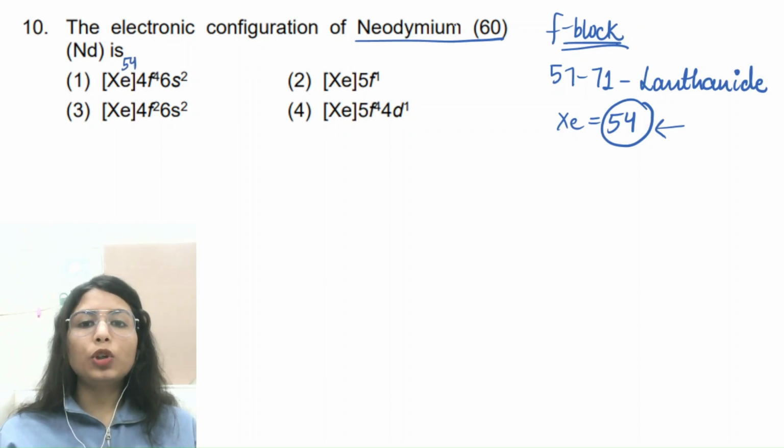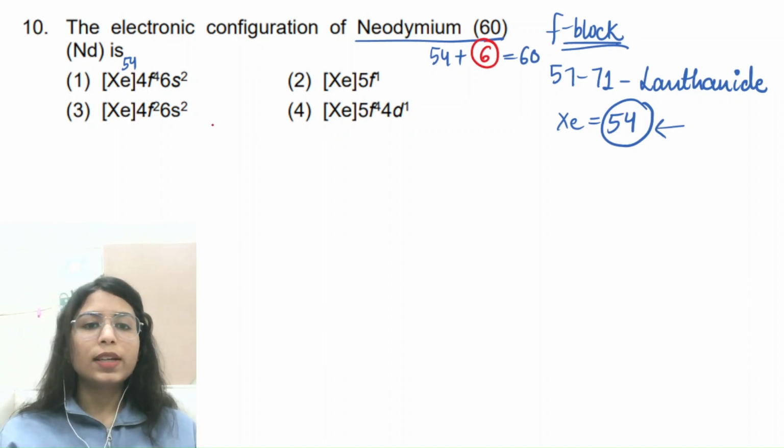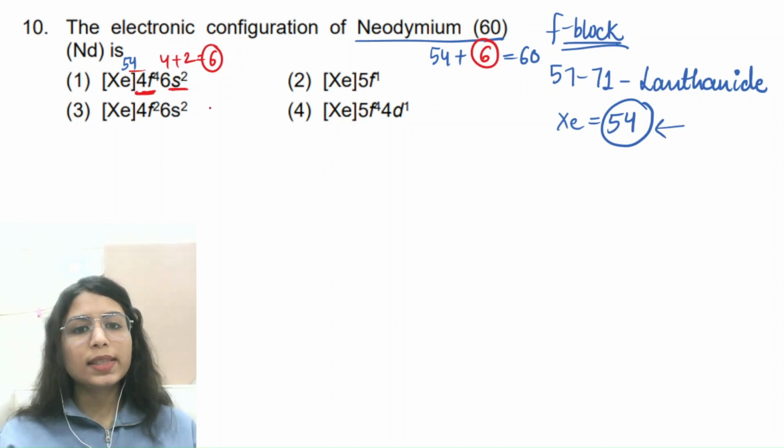To make it 60, you need to add 6 more electrons, and you have to see which option gives you a total of 6. Here it is 4f4 and 6s2. So 4 plus 2 makes a total of 6, which means 54 plus 6 is equal to 60. A total of 60 electrons has been filled.